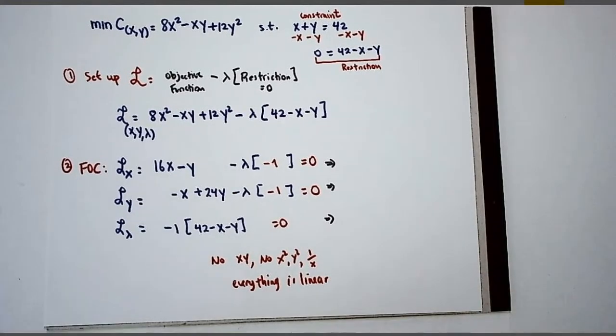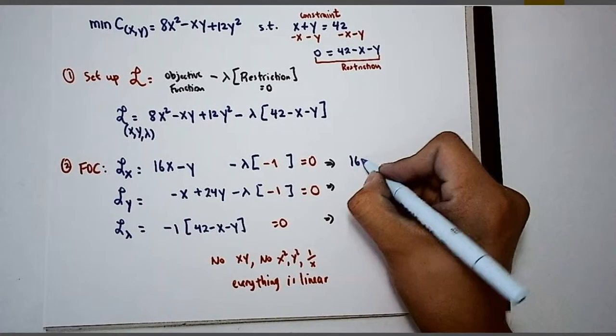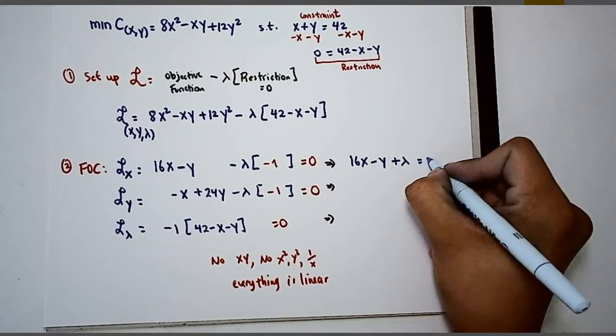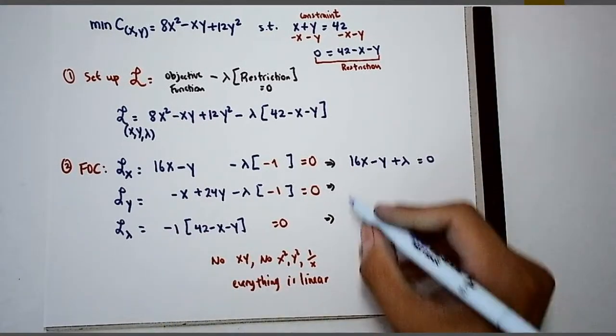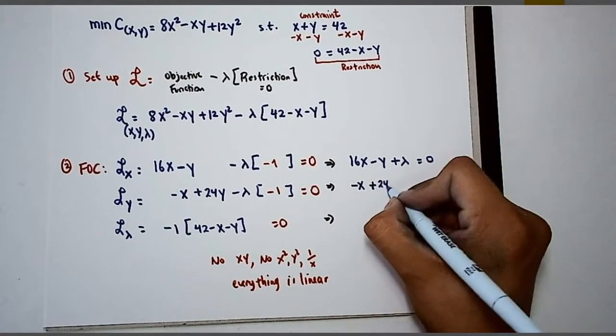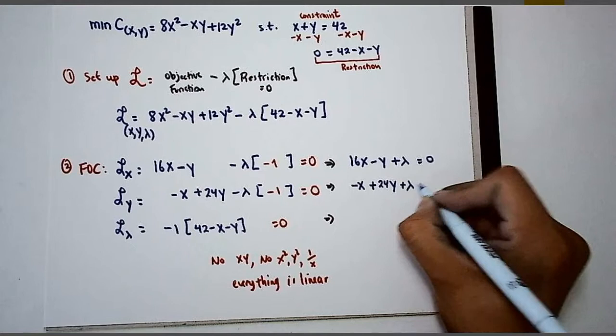To see that clearer, let's simplify. So this is 16x minus y plus lambda equals 0. Here we have minus x plus 24y plus lambda equals 0.